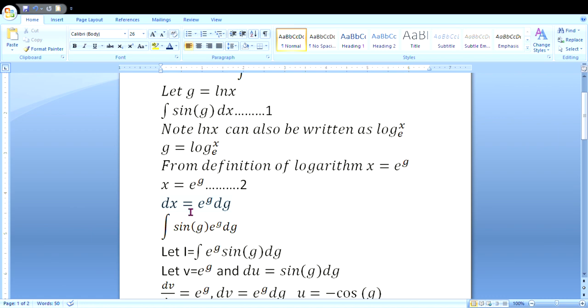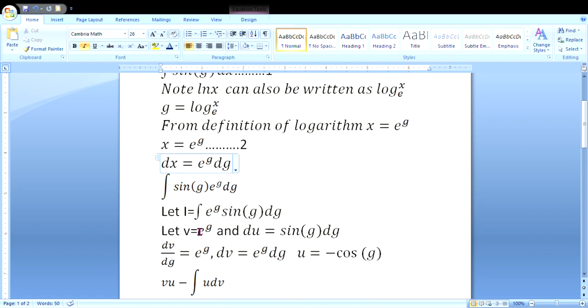So in place of dx, the appropriate expression is exponential g dg. Substituting it in this expression, it becomes the integral of sine g exponential g dg. Because we said that I is equal to this, the integral of exponential g sine g dg is equal to I.